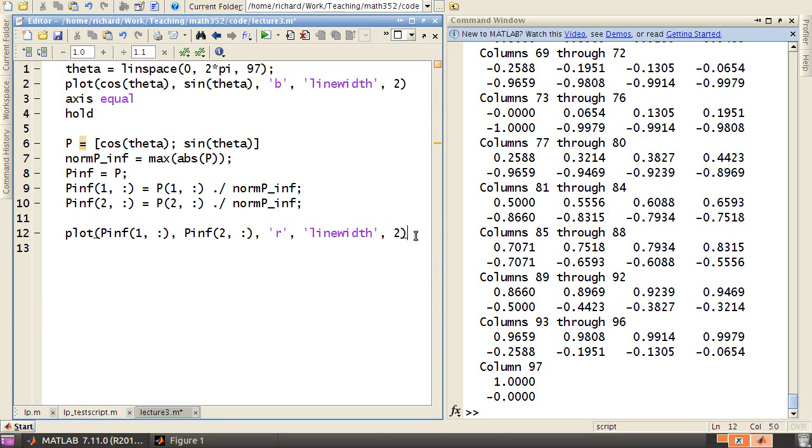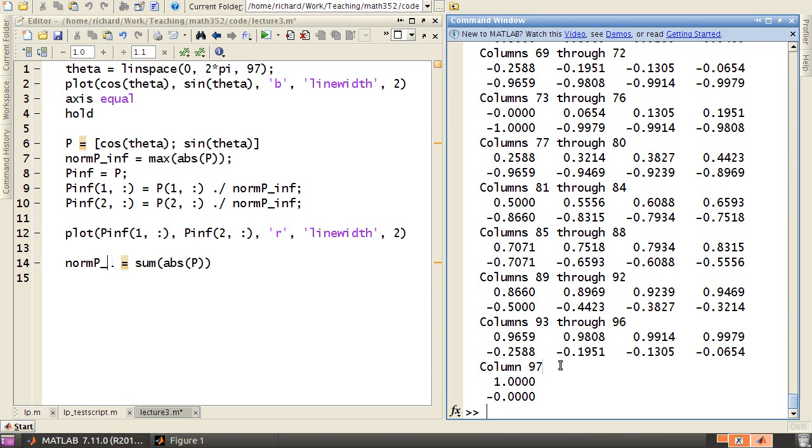So we should be able to quite easily do the same thing for the 1 norm. So norm P1, instead of being the maximum of the absolute values of P, it's going to be the sum. Once again, commands like sum and maximum always work down columns of an array. So if I take the absolute value of P, I get a big thing of absolute values.